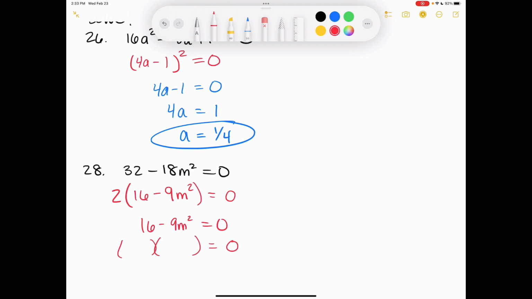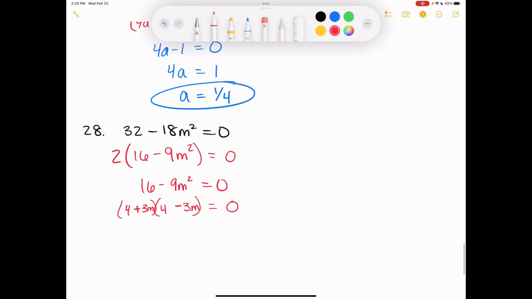We're waiting for an answer. I'll give you a hint. 4 plus 3m and 4 minus 3m. Okay. Do that, set them equal to 0.